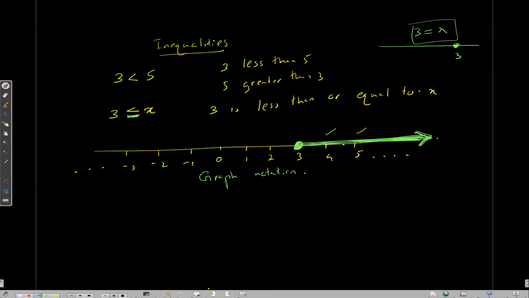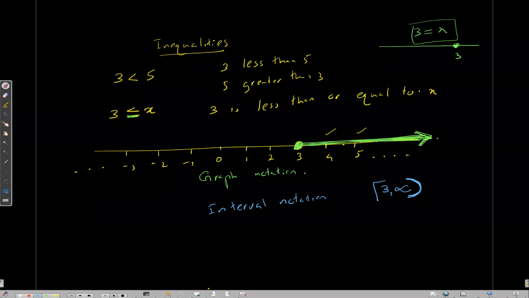If you want to write this as an interval notation, 3 to infinity. Infinity is something that we cannot touch, so always with infinity we use this open parenthesis.